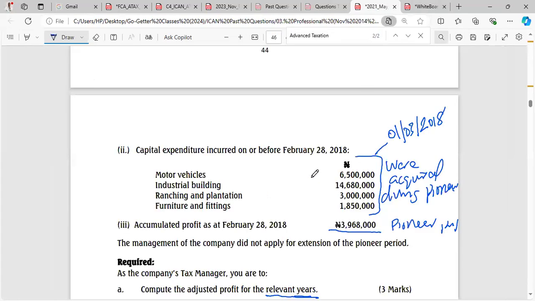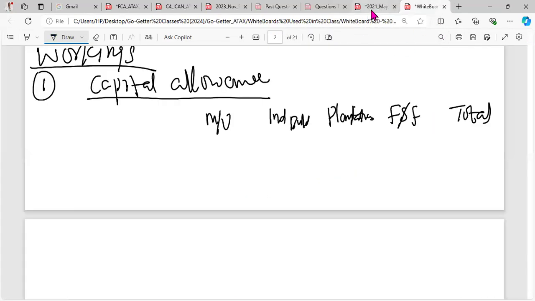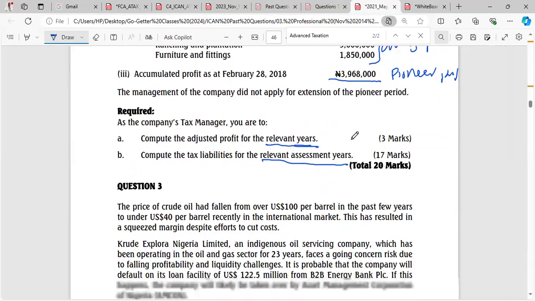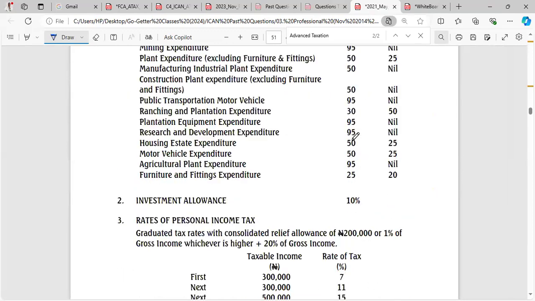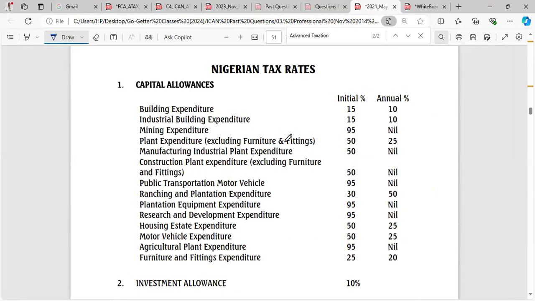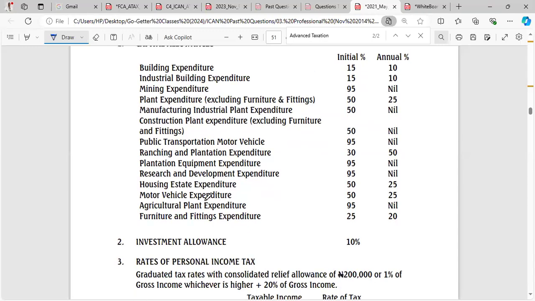Yes. So what we will now do is check their capital allowance rates. Where is motor vehicle? Motor vehicle, we have 50 and 25.